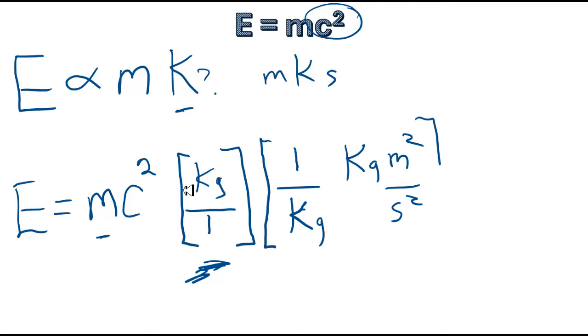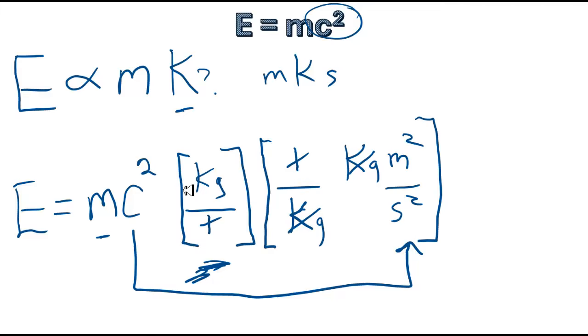And you will see that the kilograms cancel, the ones also cancel, and you end up with the units for c squared being meters squared per second squared, which is correct, right? So you can apply the same proportionality constant procedure to E equals mc squared, and you can see that c squared is really a proportionality constant in this equation.